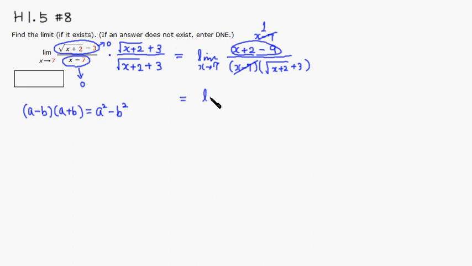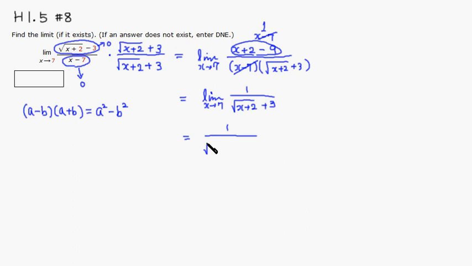So we have the limit as x approaches 7, and the function is 1 over the square root of x plus 2 plus 3. Right, now we can plug in, as x approaches 7.